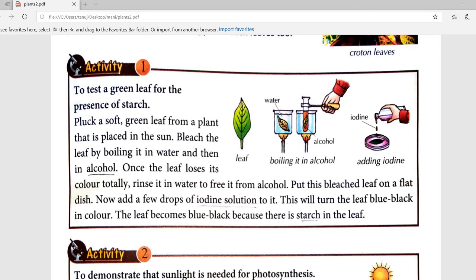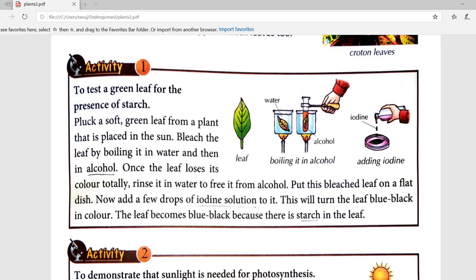Then afterward the leaf loses its color. Then we put this leaf in a flat dish, on any flat surface, and put some drops of iodine on it.